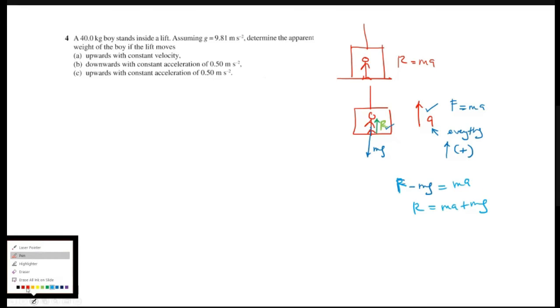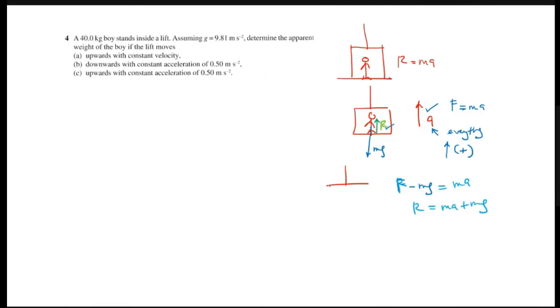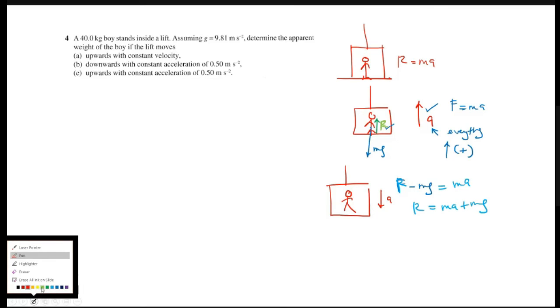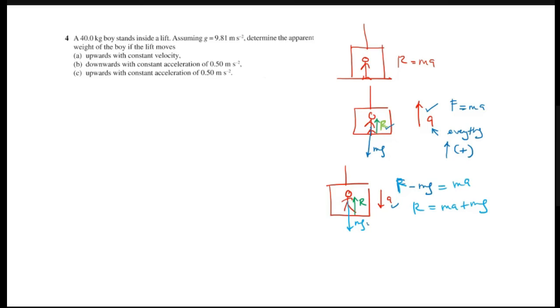How about if the lift is going downwards, with acceleration A pointing downwards? Somebody is in the lift, of course R is pointing upwards and mg is pointing downwards. We have to look back at the direction of A. A has the same direction as mg, so R will be negative.